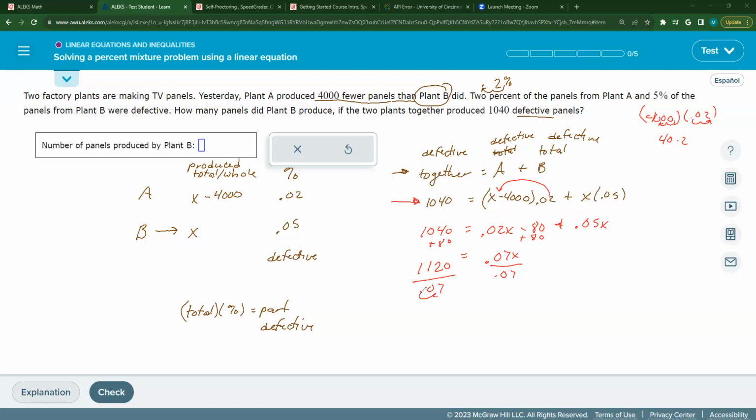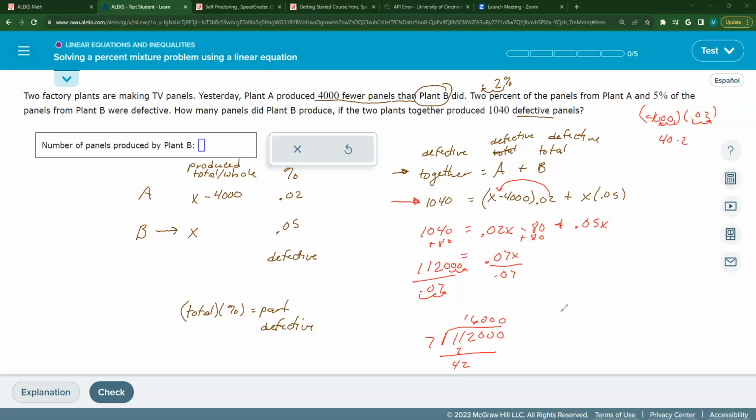Divide by 0.07. Move the decimal because I don't like decimals and fractions together. Whatever I do on the top, I have to do on the bottom. So I've got 1,123, and I'm dividing it by 7. 7 goes into 11 once. This is 4, 2. 7 goes into 42 6 times, and then I have to fill out the rest of the zeros.